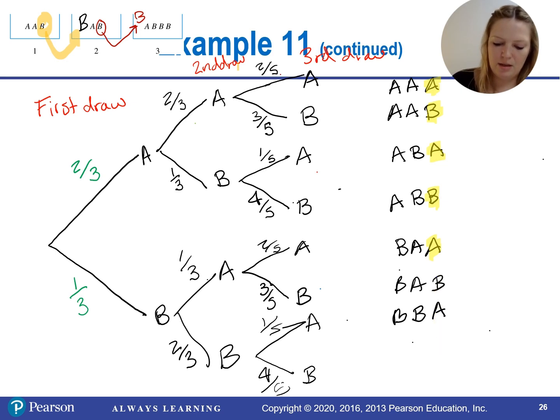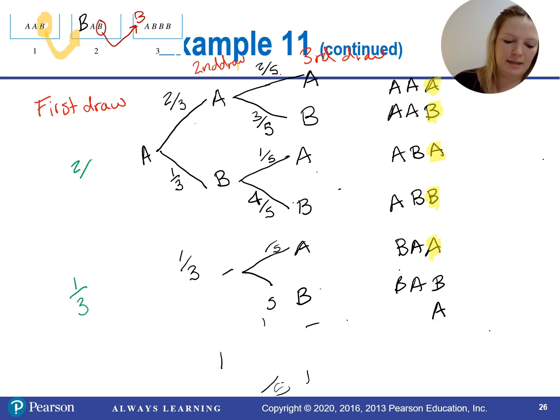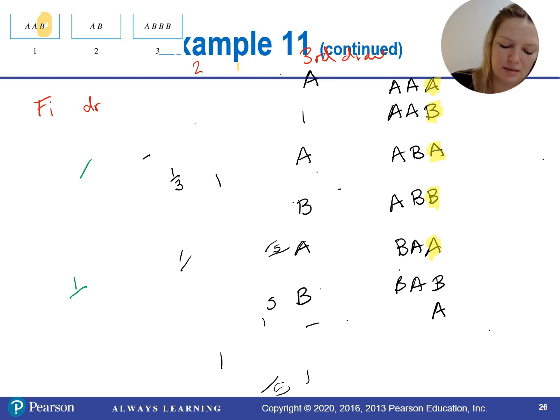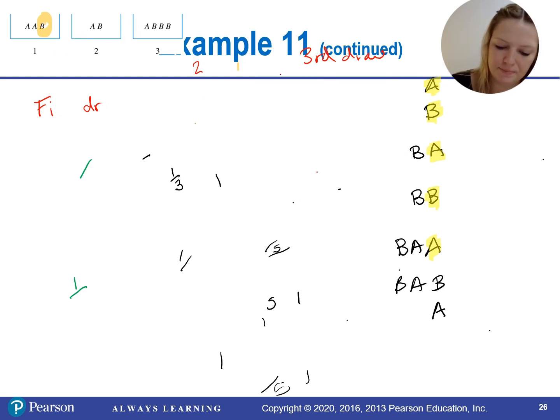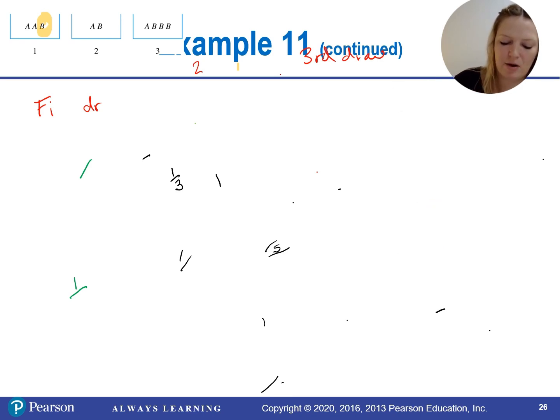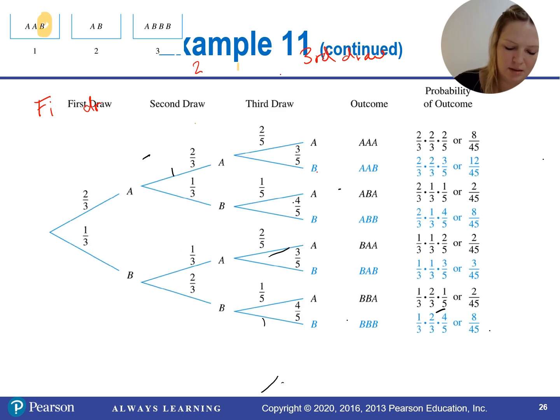All right, so let's look at a nicer picture for this, to think about how we're going to answer the problem. This is the nicer picture of our tree diagram. It's the same thing, but just drawn a little more neatly.